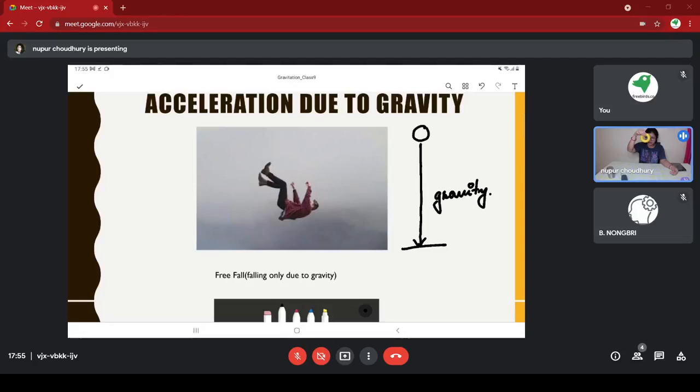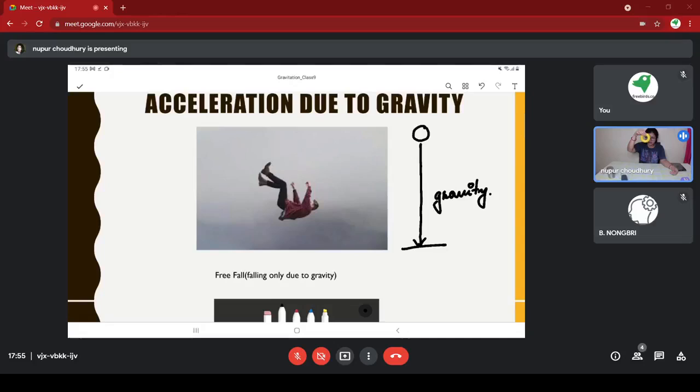If we look at the trend, the velocity is continuously changing, and it is increasing as it reaches the ground. And when it reaches the ground, of course, the velocity becomes 0. But before it reaches the ground, it will attain the maximum value. So it is maximum just before it reaches the ground.